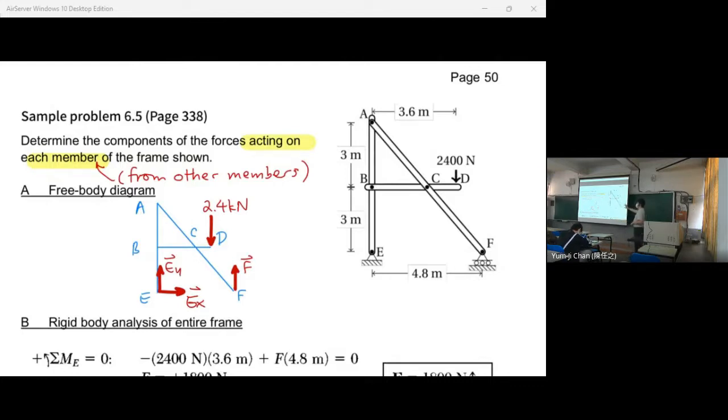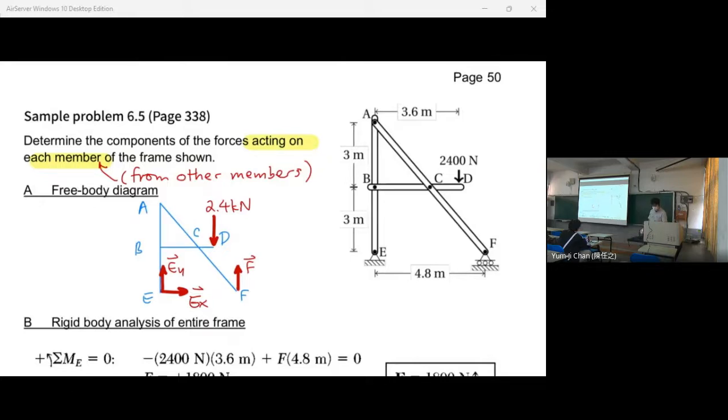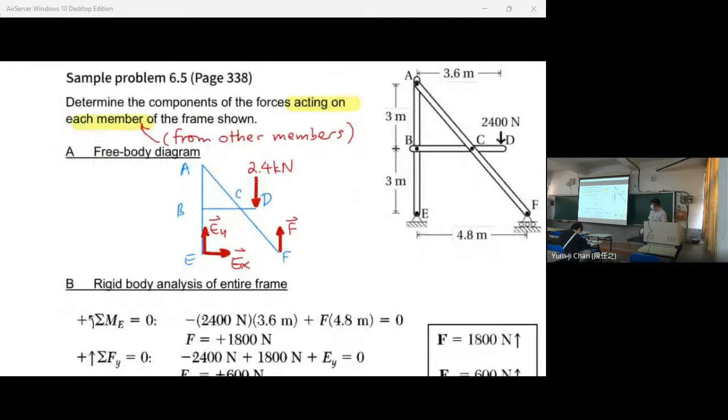So first of all, you draw the free body diagram, and remember in the coming examinations that you always need to draw the free body diagram before writing equations. And is that okay?